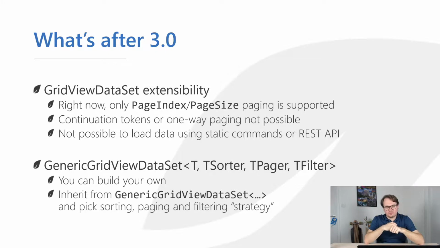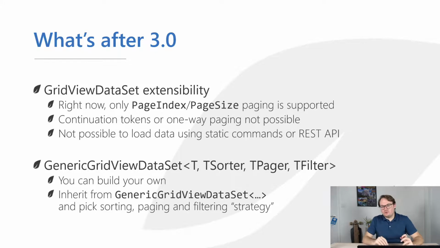We have introduced a pull request that is not merged to the current branch, but it's still work in progress. We have created a generic grid view dataset class where you have type parameters that represent your sorting, paging, and filtering criteria. So if you are paging using numeric paging, you will have page index and page size there.